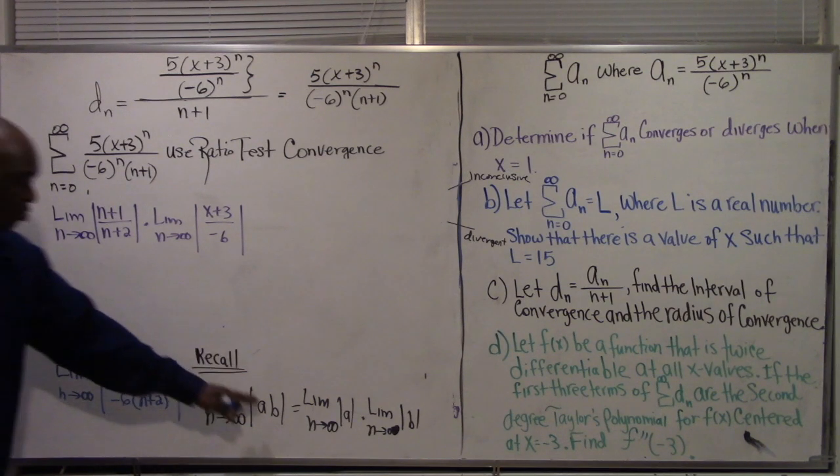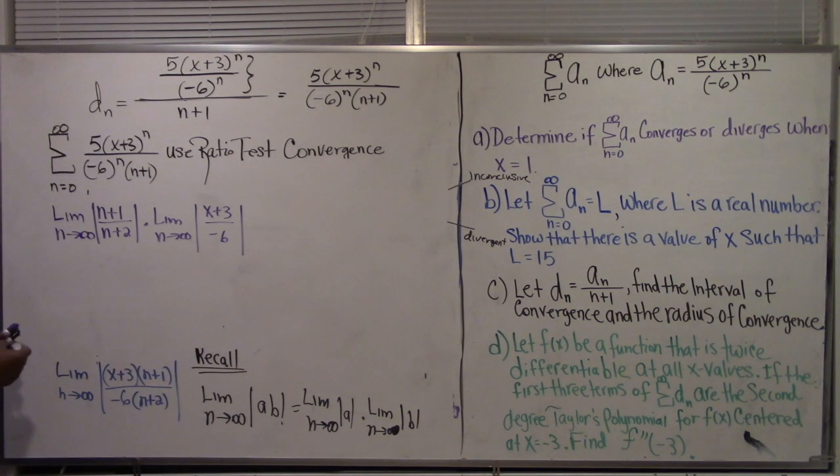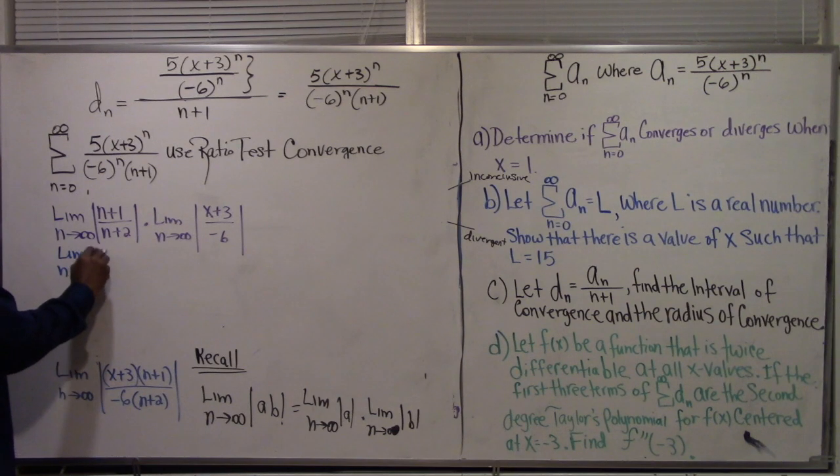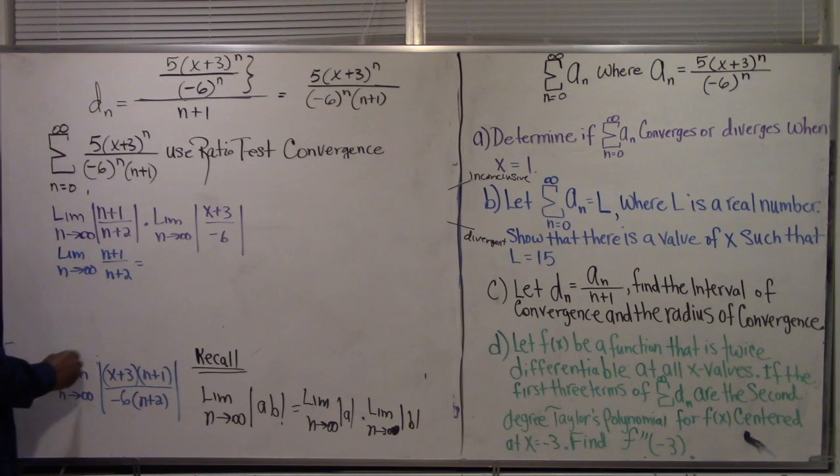Split it up because of this rule here. As n goes to positive infinity, all of these values are going to be positive. There's nothing negative there. So this is the limit of (n+1)/(n+2), and that limit is 1. So I'm going to have 1 times, now let's work on this.